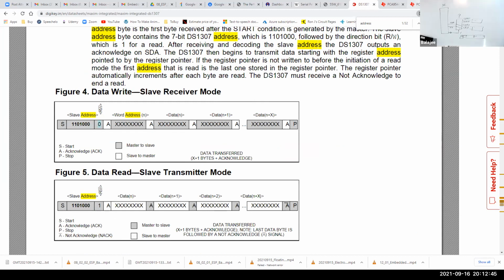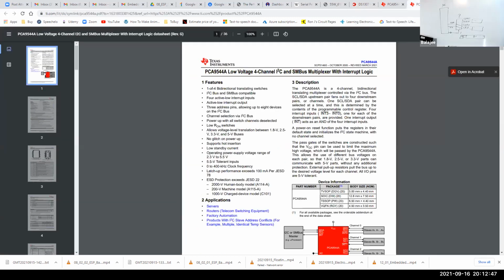Now let us go here. I open the data sheet here. That's why I'm trying to show you exactly how we do it in the company. I'm not hiding any secret.